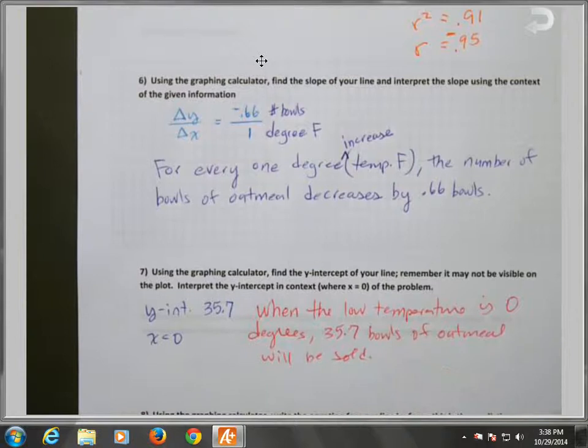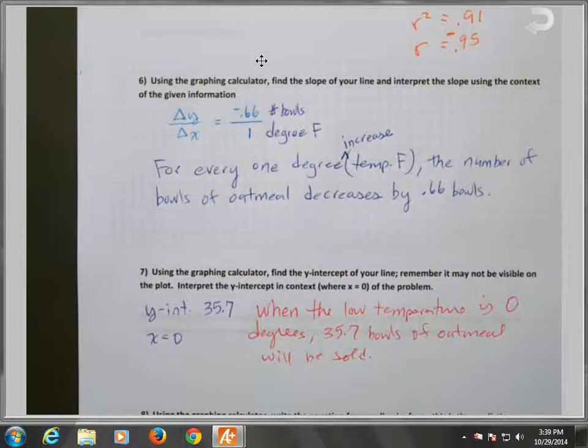Okay, 0 degrees. Now it really does make sense that this diner owner who's keeping this data needs to know this. Maybe he knows next week that there are going to be several days of 0 temperatures or sub-zero temperatures, and so he needs to stock up and make sure that he has enough oatmeal.